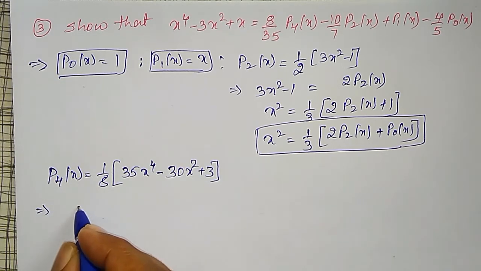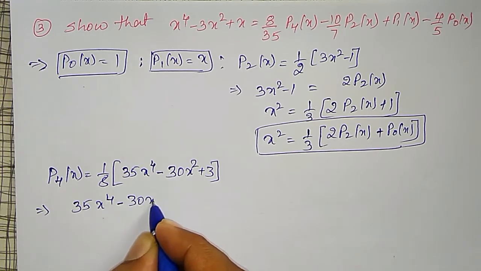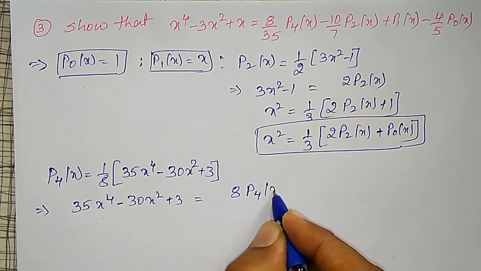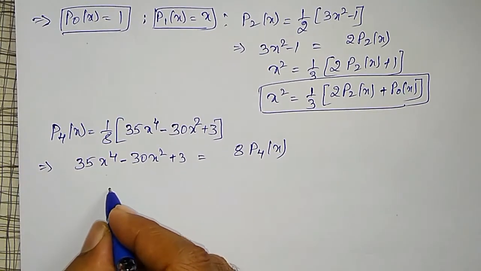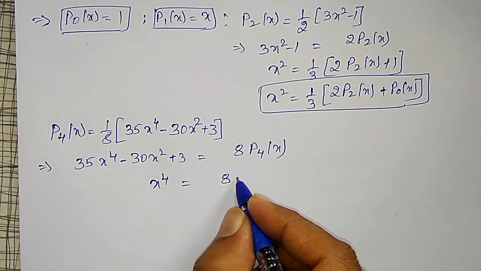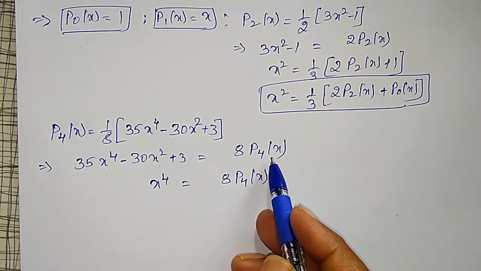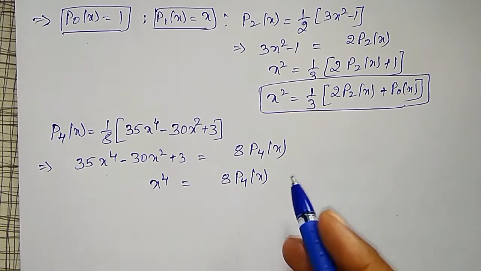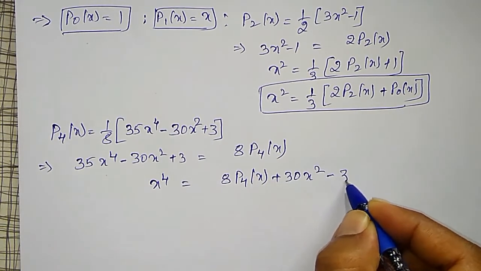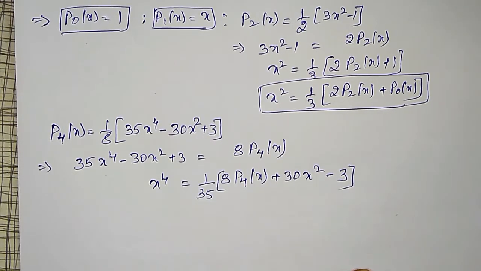That is, 35 x raised to 4 minus 30 x square plus 3 equal to 8 times P4 of x. Therefore, x raised to 4 is equal to 1 divided by 35 times 8 times P4 of x plus 30 x square minus 3.